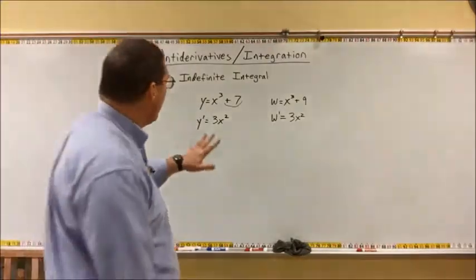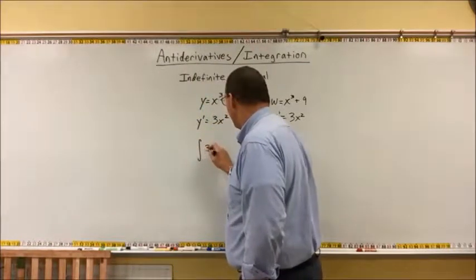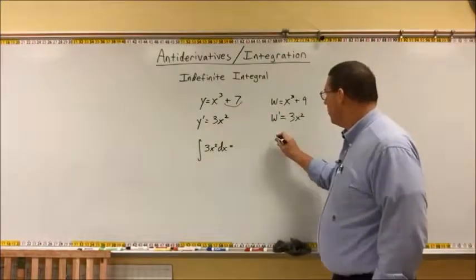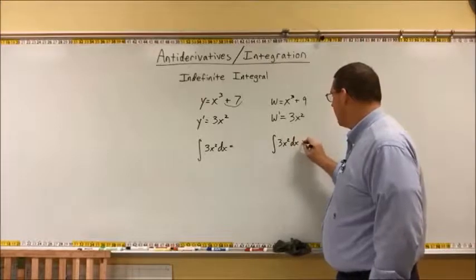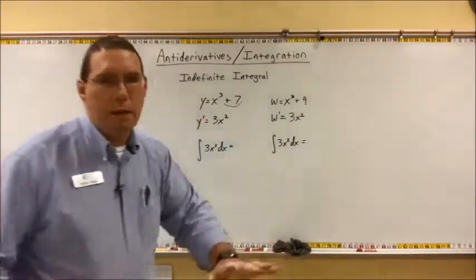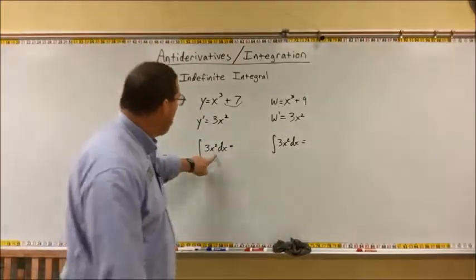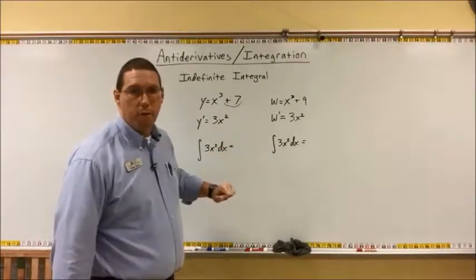And this is going to become problematic, because when we do the indefinite integral of 3x squared here and the indefinite integral of 3x squared here, there is nothing in the integral that's going to communicate to you that there's supposed to be a 7 with this after you get its integral.